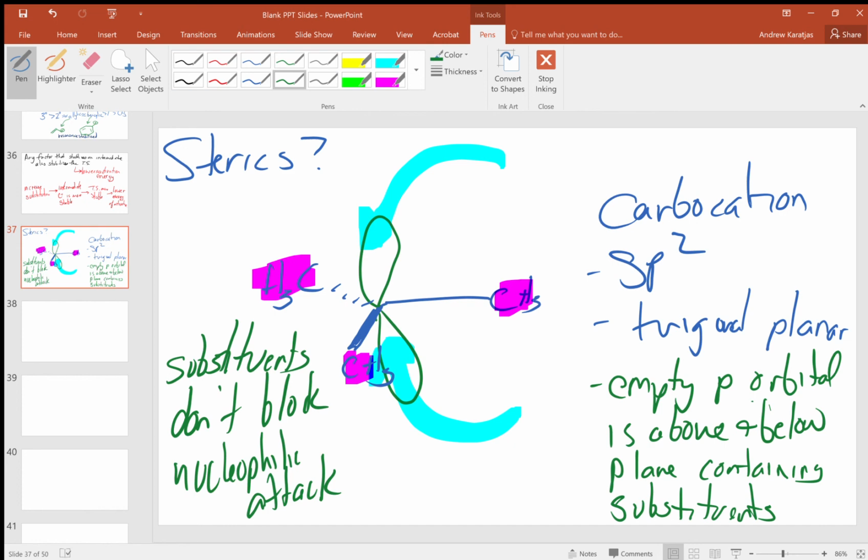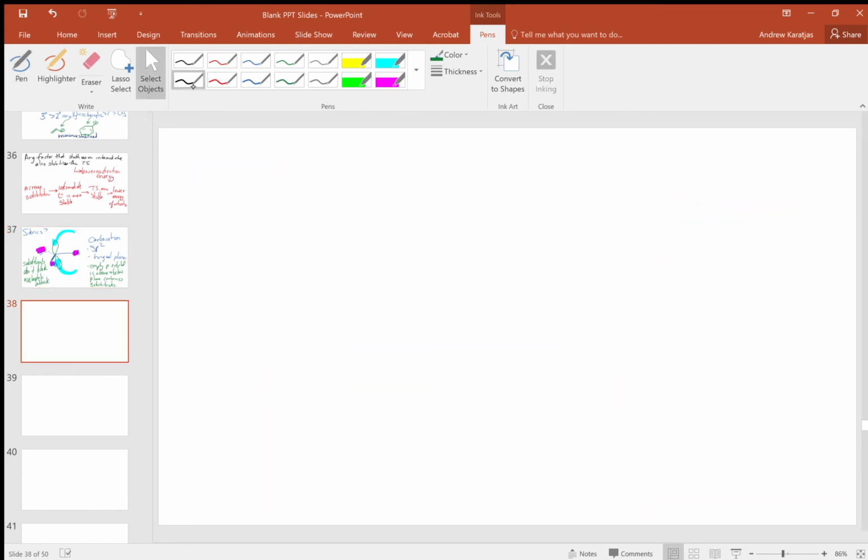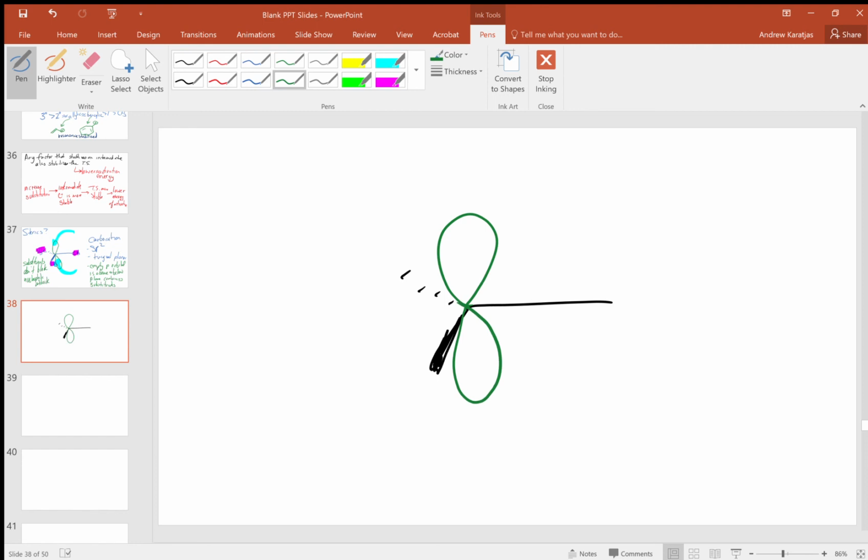Now, this also leads to one other detail. If we look at that carbocation, and again, here's our p orbital, which side will the nucleophile come in from? Will it come from the top or the bottom?